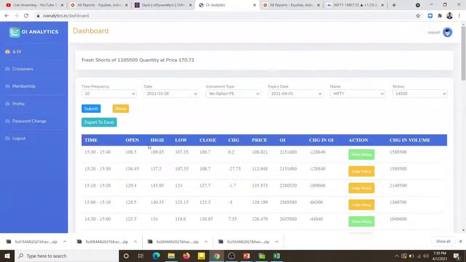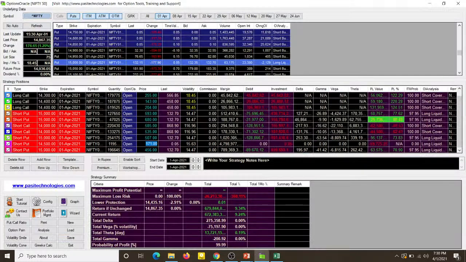Okay, we'll be giving price of 171. Fine. So now with this position, this is the updated position, right?